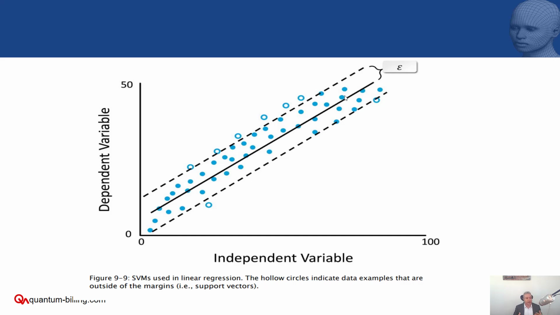We have a comparison between a logistic classifier and support vector machine as a classifier, and we showed that support vector machine performs much better than normal logistic regression. And we showed that we can use support vector machine for linear regression for predicting future data.